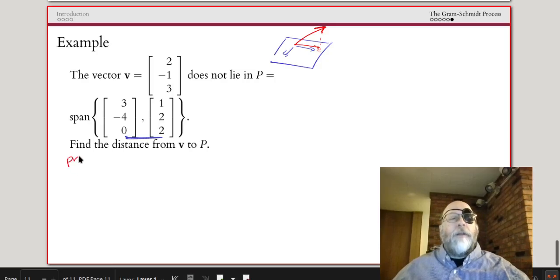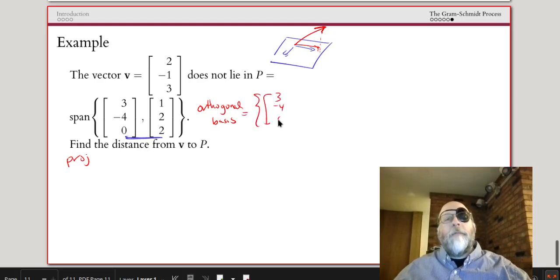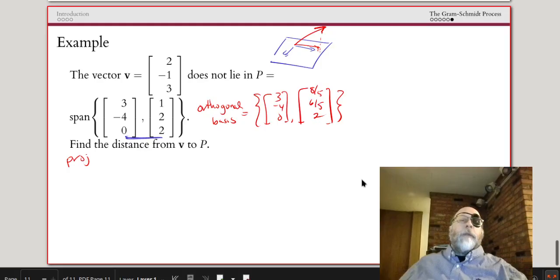So the projection of V onto, let's use our orthogonal basis. The first vector stays the same, but the second vector is the one that changes, to 8/5, 6/5, and 2. All right. So we're not using the original basis, we're using the orthogonal basis instead.